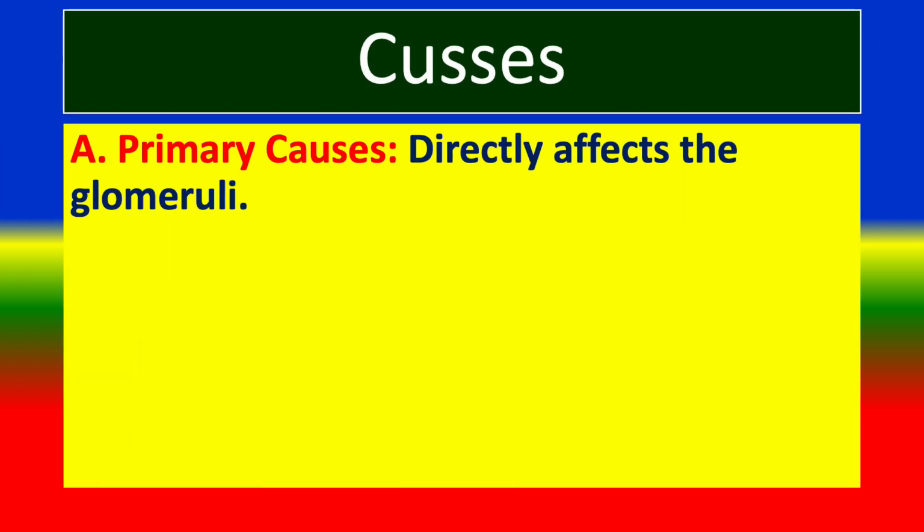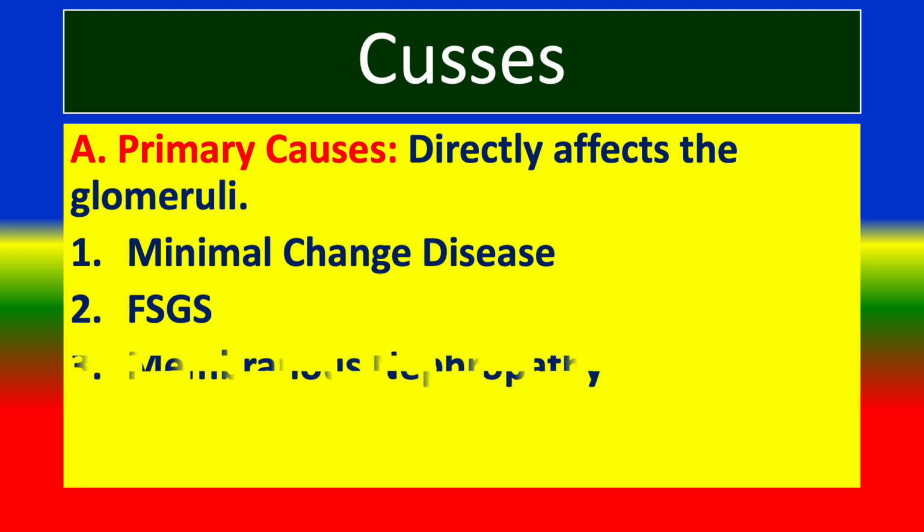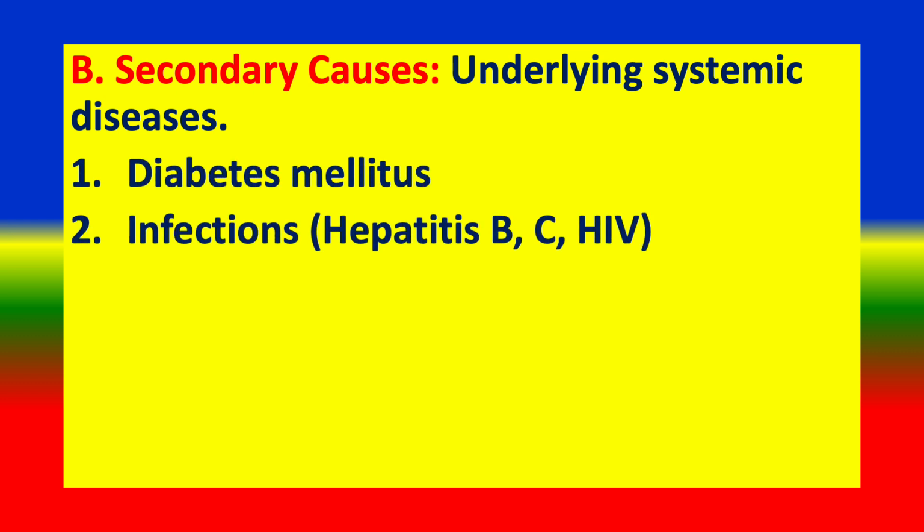Causes. The primary causes directly affect the glomeruli. 1. Minimal change disease. 2. FSGS. 3. Membranous nephropathy. The secondary causes are underlying systemic diseases. 1. Diabetes mellitus. 2.